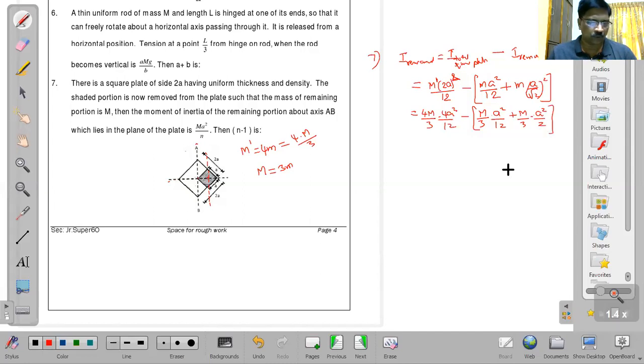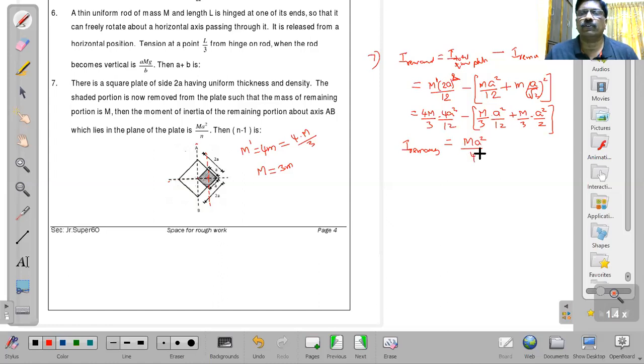If you substitute and simplify them, you will get the moment of inertia of the remaining part, I remaining, equal to capital M A square by 4 after simplification.